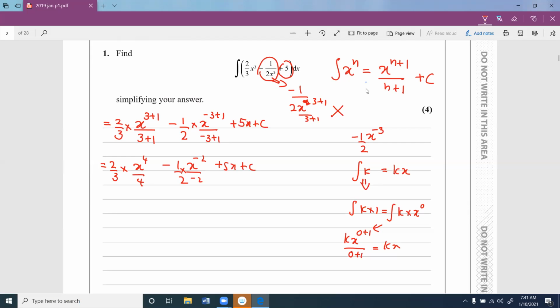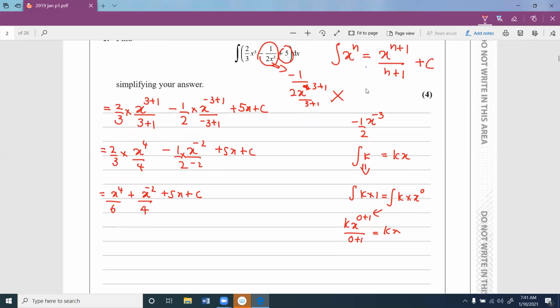So this turns into x to the power 4 over 6. Then 2 into minus 2 is minus 4, and minus turns into plus 4, x to the power minus 2 over 4. How did it come? 2 into minus 2 is minus 2. Minus 1 divided by minus 2 is plus. Minus 1 divided by minus 4 is plus 4. Plus 5x plus. I'm writing all the steps one by one, so when you are familiar, you can write them at once.